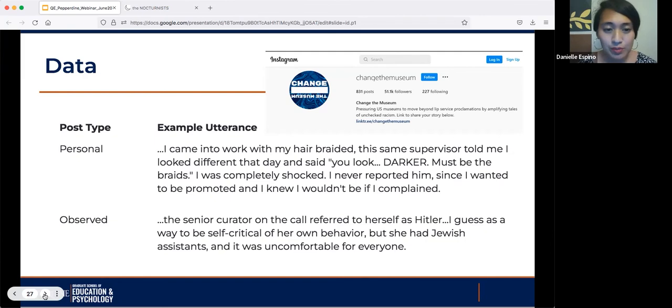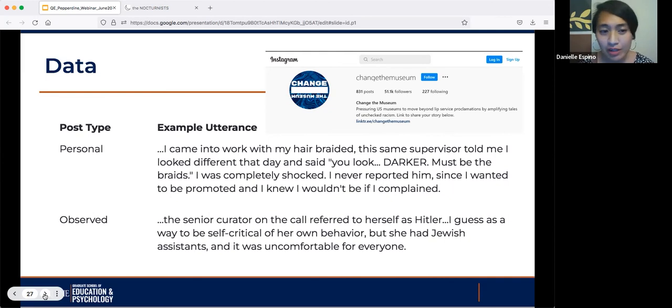And these are some examples of the utterances that we pulled and the two different categories that we assigned to them, whether it was personal versus observed. So we have the personal one, where if you read the utterance, the person is identifying it's their own experience of someone commenting on their look being darker.